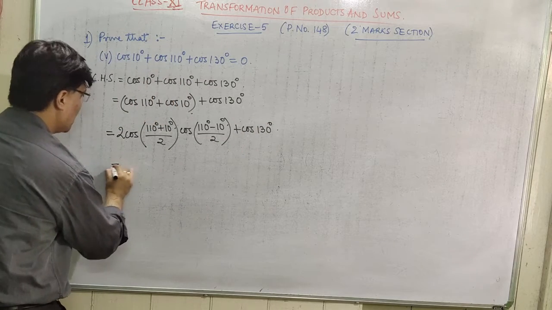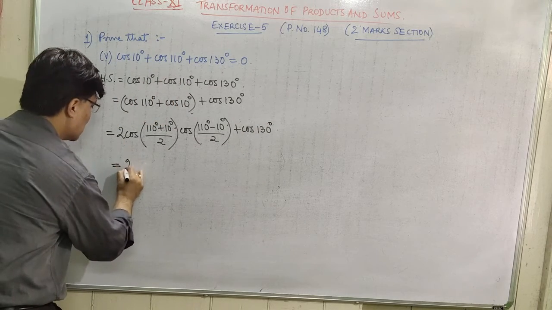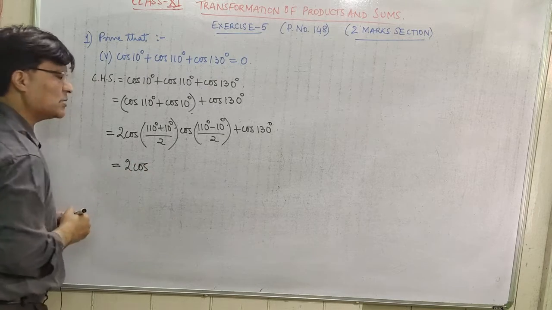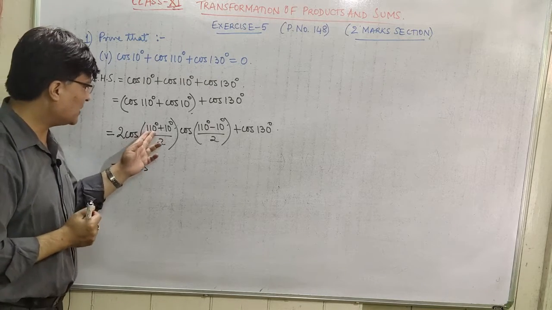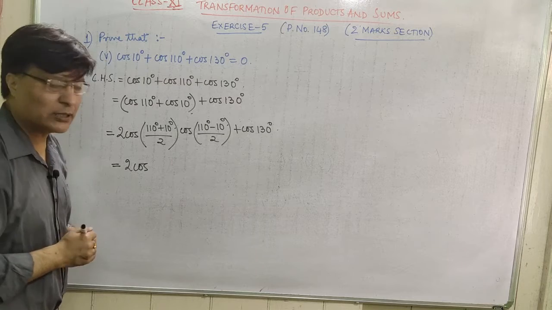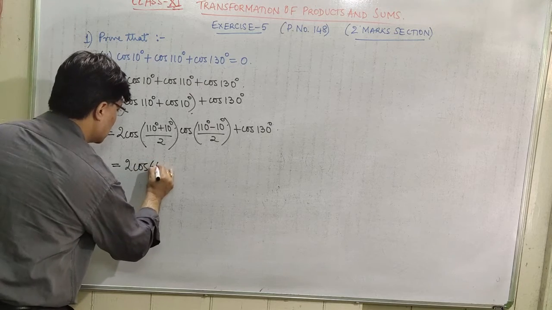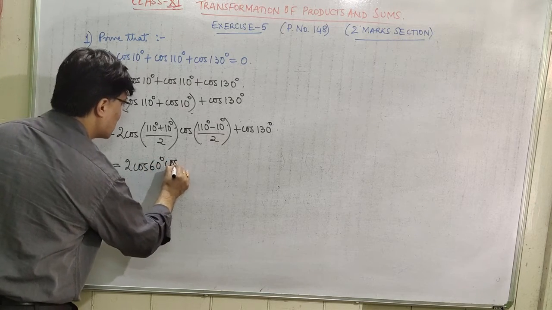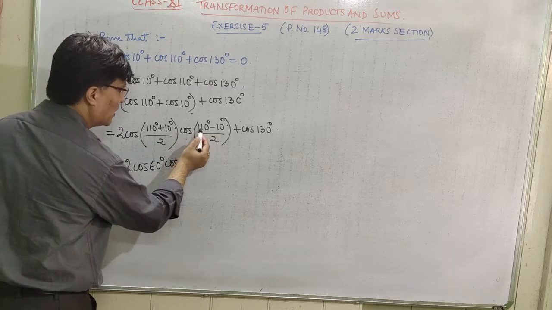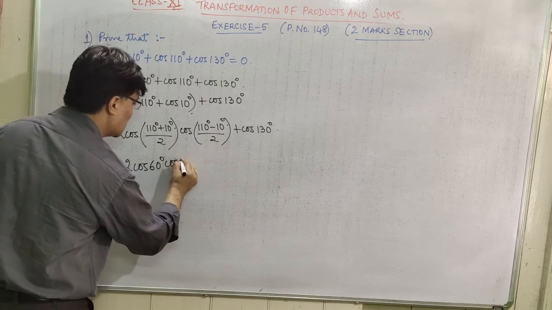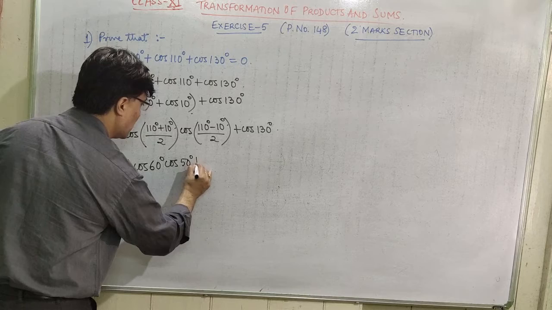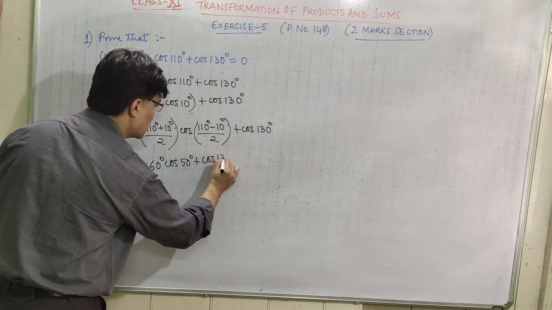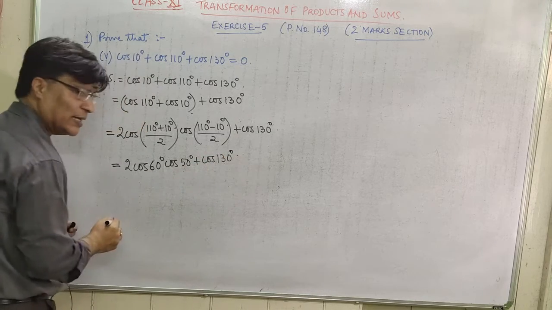So this is 2 cos, let us simplify it. 110 degree plus 10 degree is 120 degree divided by 2 is 60 degree. Cos, how much is it now? 110 minus 10 is 100 by 2 is 50 degree, plus cos 130 degree, right?